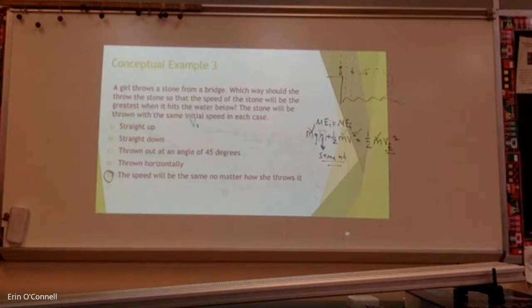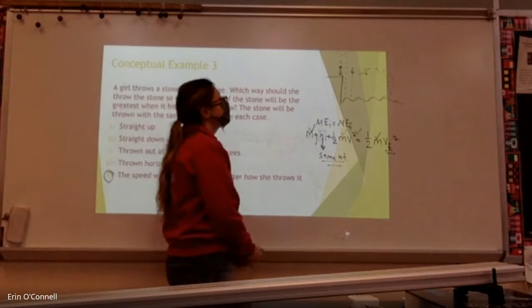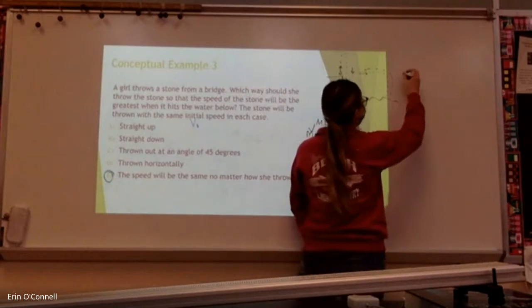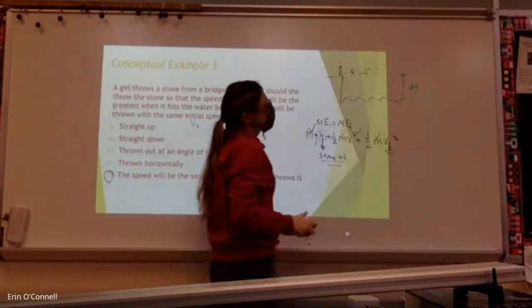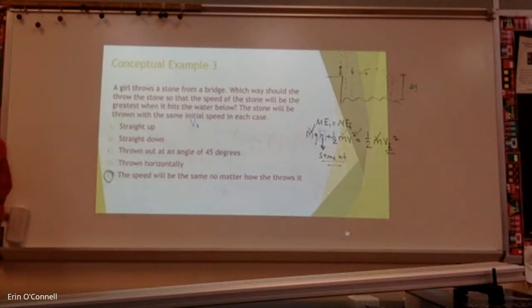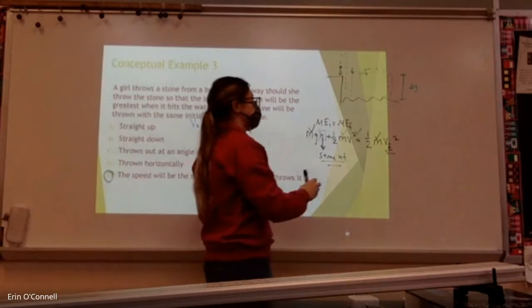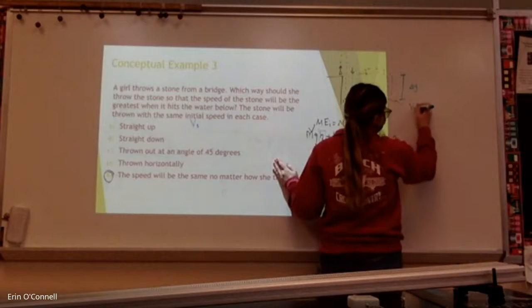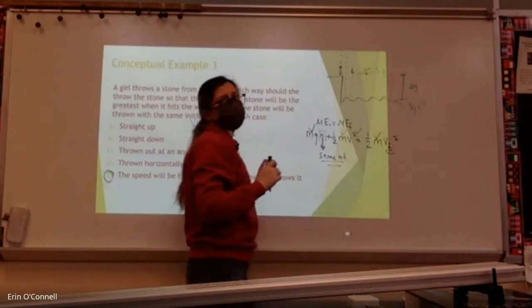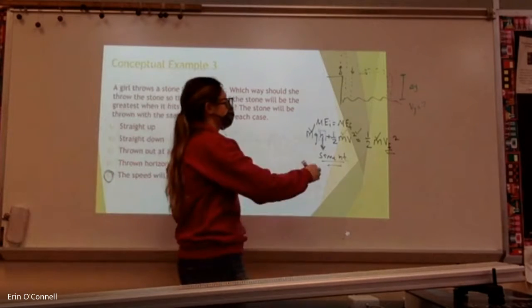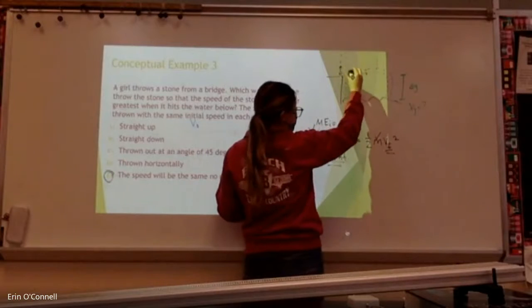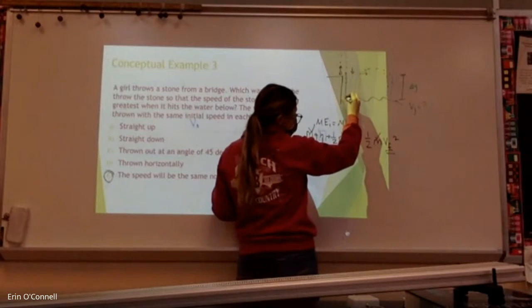In terms of projectile motion, technically our change in y is going to be the same, right? And the change in y is what's going to affect the velocity in y. So the change in the vertical height of the object will be the same, right? If it's thrown up, here's our change in height. If it's thrown down, here's our change in height.